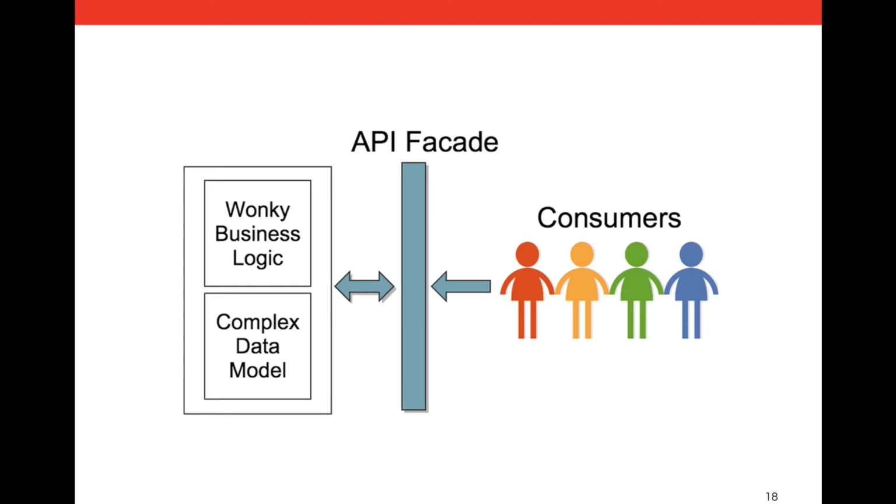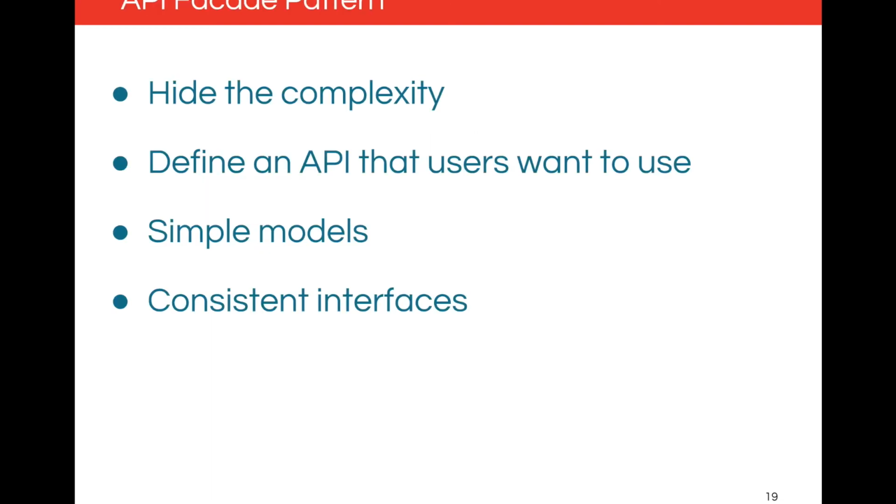So here's a better approach. Introduce a facade or protection layer between your application and the consumers. The facade will hide the complexity of your application, and you want to define the user-facing API to something that the users want to use, and then you adapt that to talk to your application.